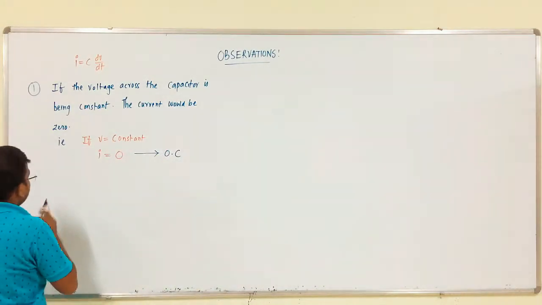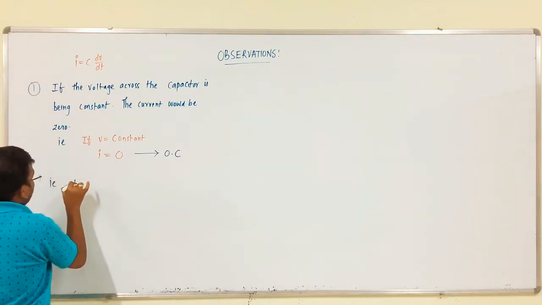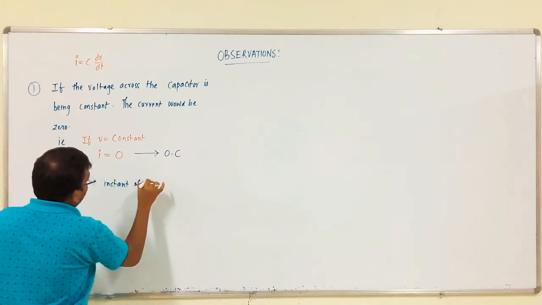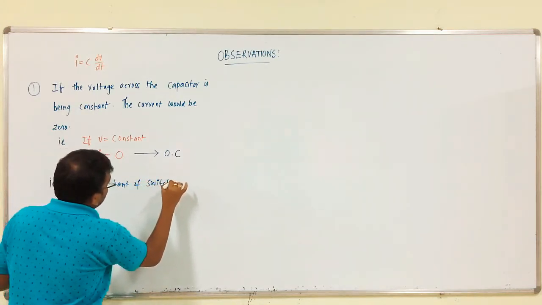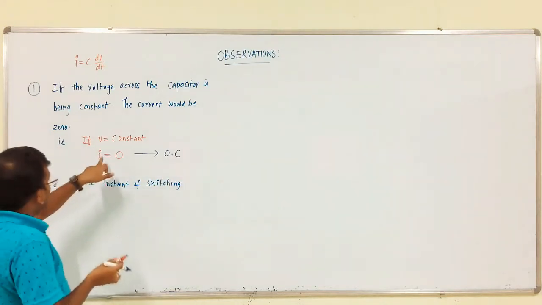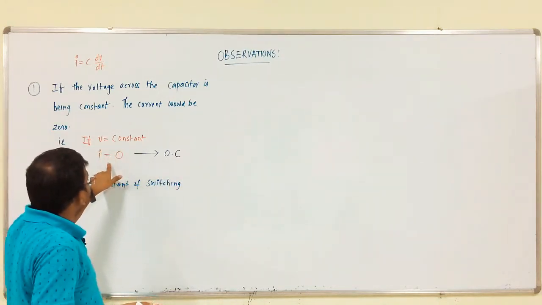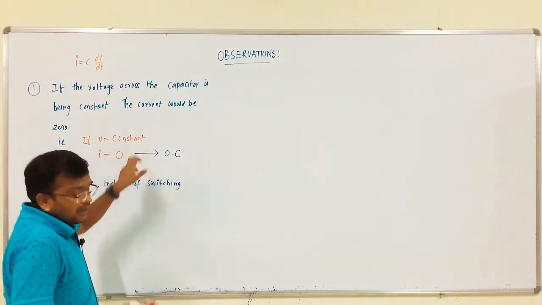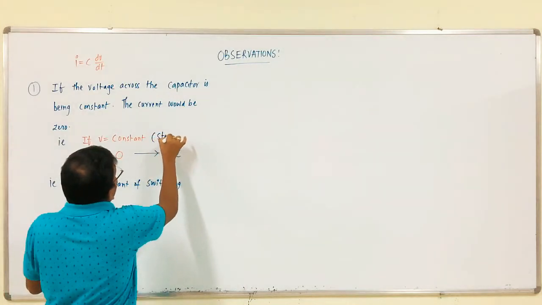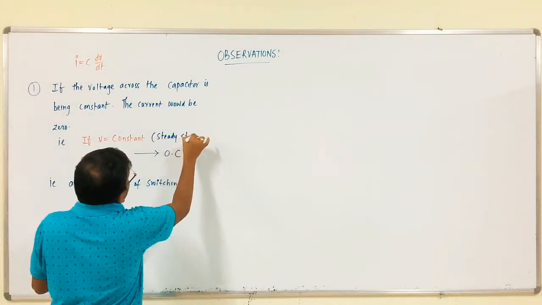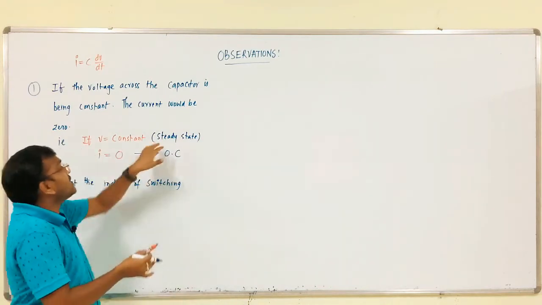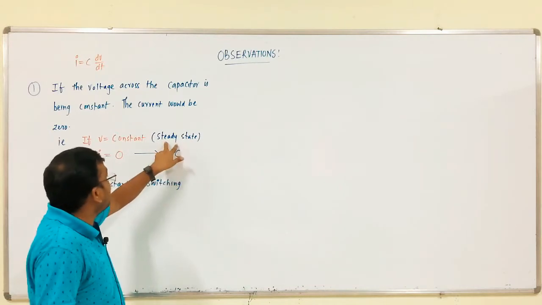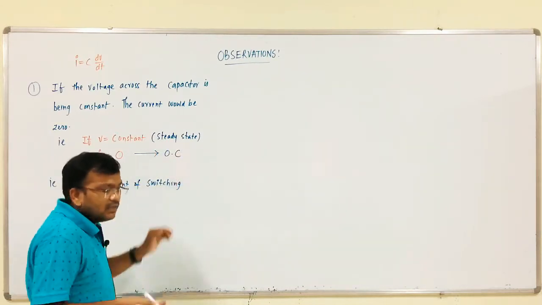Voltage is constant means what? That is steady state, right? After some time we will get this steady state, but initially it acts as short circuited. Under steady state it acts as open circuited.